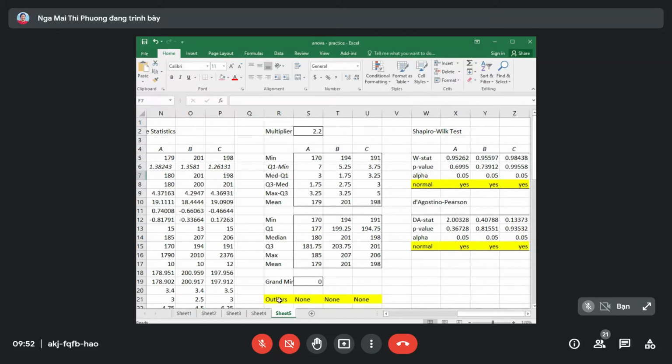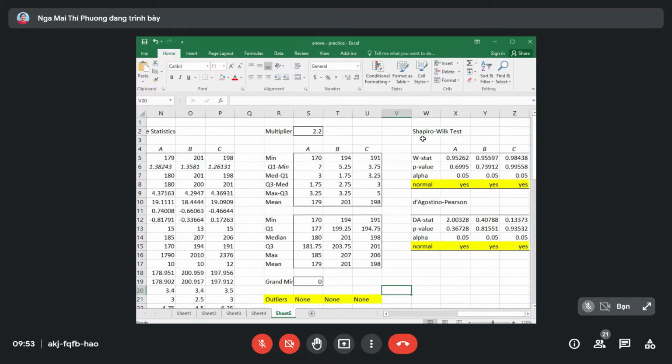So you see, outlier in 3 groups, A, B, C: none. It means that there are no outliers. If there is some outlier, it will show, like the example I showed you 2 days ago. It will write here for you, so you come back to the data set and remove the outlier. In this case, there's no outlier, so it's okay.